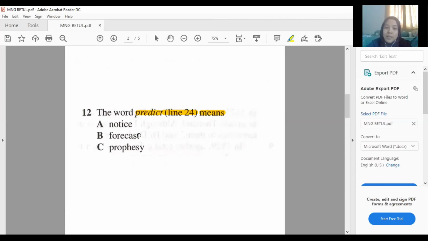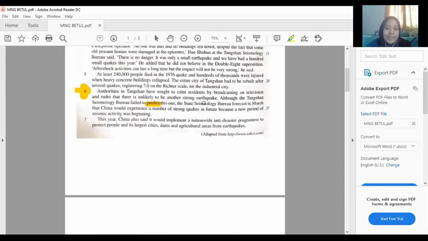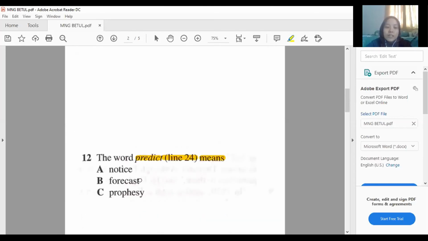Forecast means something that we want to predict, but it is from the experts' findings. And prophecy is something that we predict, but not from the experts' findings. So the context here is that although the Tangshan Seismology Bureau failed to predict. So this one is the forecast.